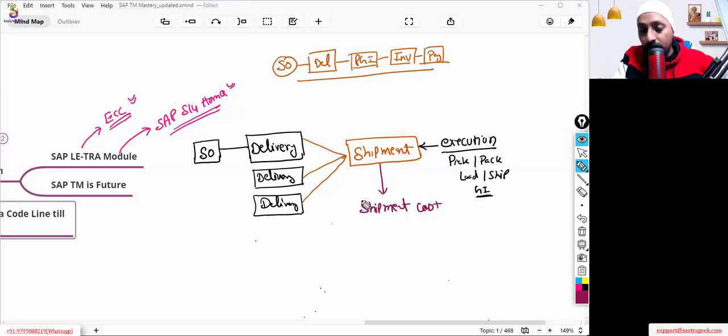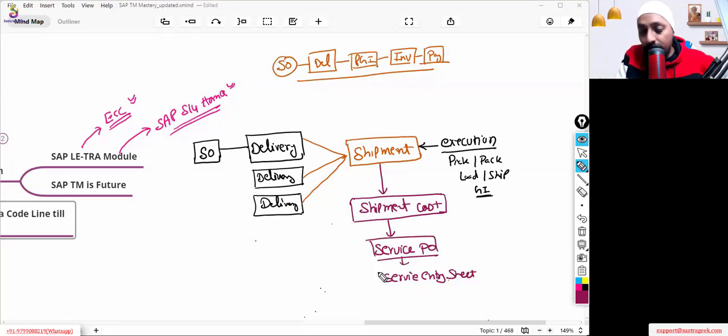The shipment cost document would have information on what cost is carried by the shipment. Okay. And this shipment cost document will help you create your service PO and then service entry sheet. Now this is linking with your MM module. Why service PO?